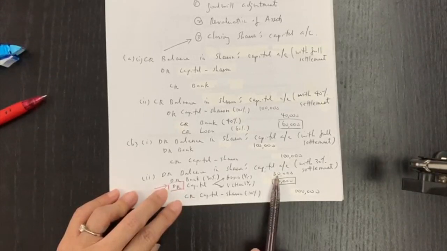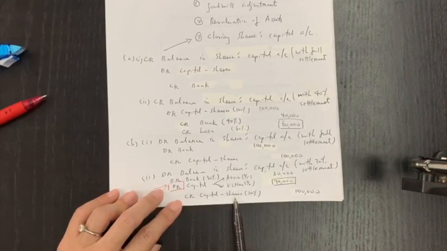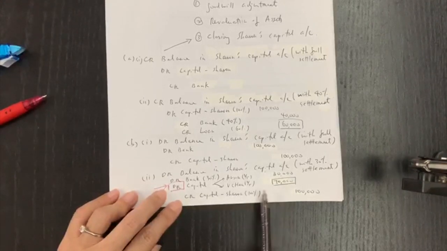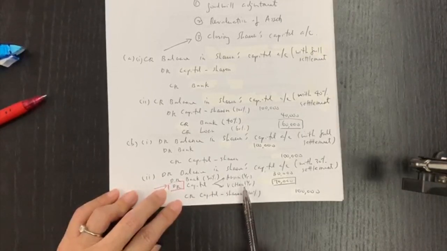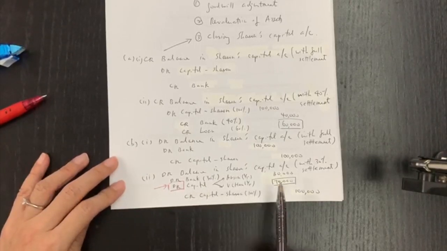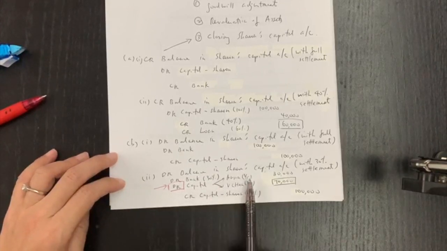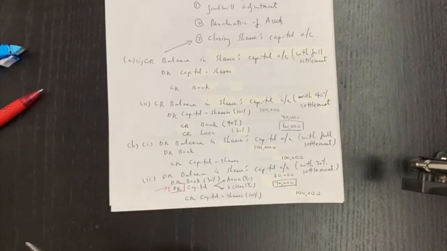Obviously you can see on the debit side, 70,000 is owed by Sharon. However, Sharon has no money to pay us, so this bad thing will be very unlucky for Anson and V Chan, so we are going to share the deficiency by debiting our capital accounts using the profit and loss ratio.